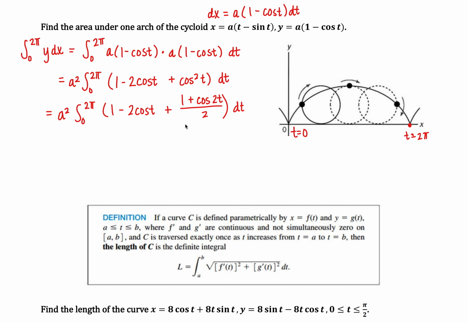It'll be 1/2 plus 1/2 cosine 2t. The 1/2 I'll add to the 1. So that's going to give me a squared, and we're integrating from 0 to 2 pi, and we have 3/2 minus 2 cosine t plus 1/2 cosine 2t.